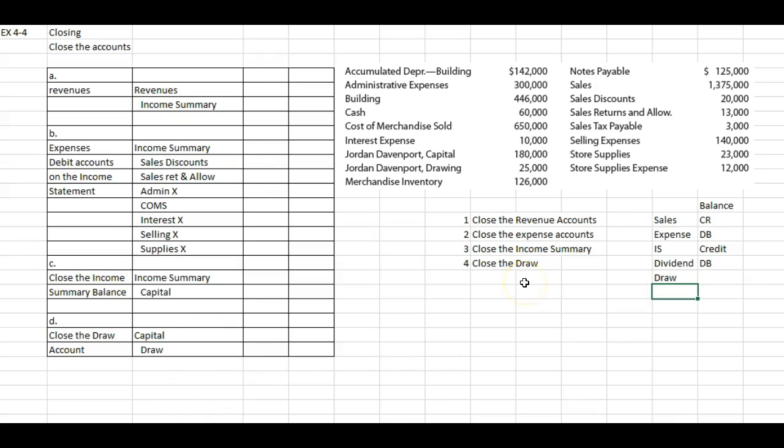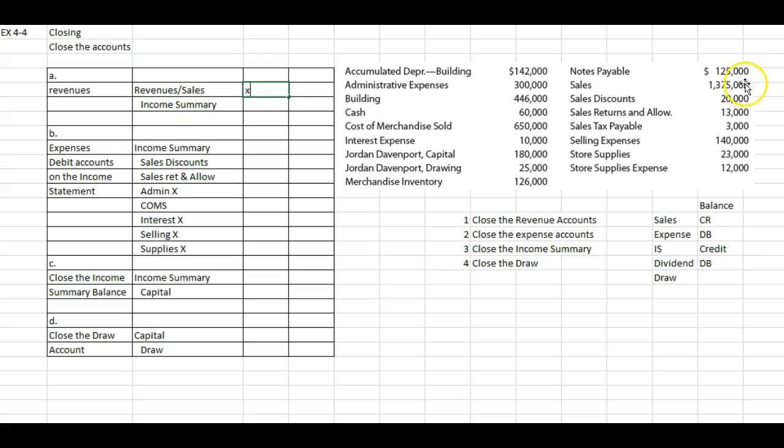So now, knowing that I want to make revenue accounts or sales accounts 0, and it has a credit balance when it is a sales, how would I close that? What entry? Well, I would have to debit it, right? So my revenues or sales, however you wish to look at that, will have a debit entry here.